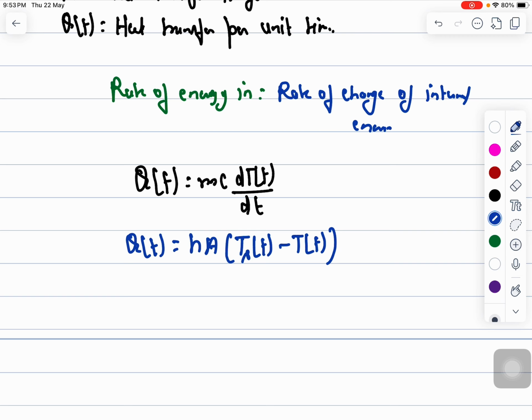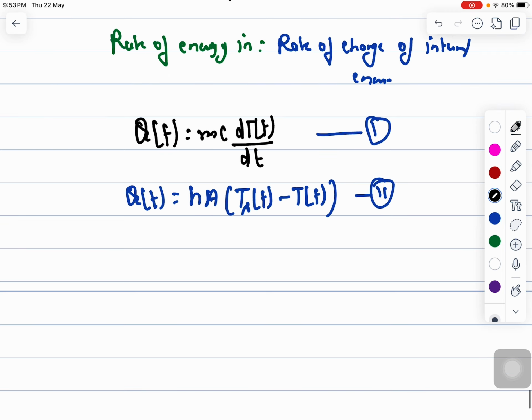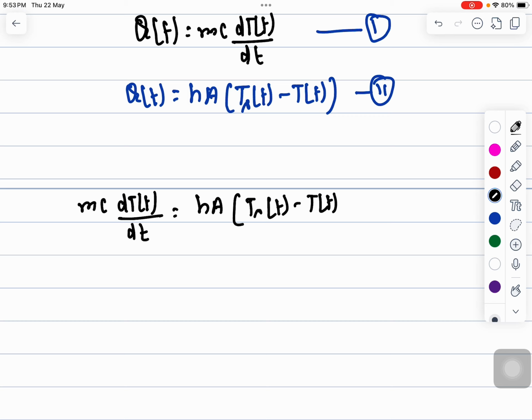This can be used by Newton's law of cooling. So let's say I'm assuming equation first and equation second; since the LHS of both equations is the same, the RHS will be the same. So I can write directly mc dT/dt equals hA (Ts(t) minus T(t)).